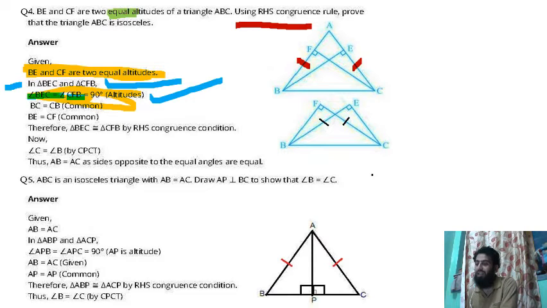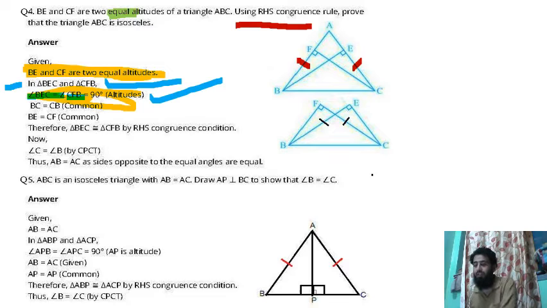Yes, such a side is called a common side. That means side BC is a common side. So I wrote down BC is equal to CB. Why CB, why not BC? I have to just follow the correspondence. Otherwise, BC or CB means the same side, which is this side BC, common.